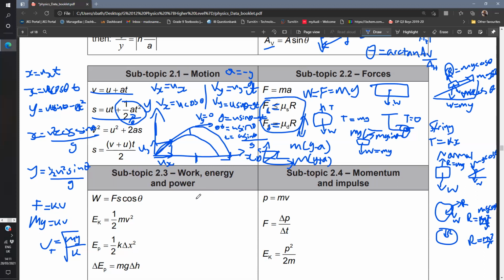Newton's first law states that the summation of forces is equal to 0. So the summation of forces in the vertical, let's say mg minus mg, should equal to 0.